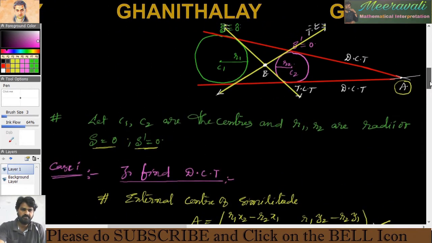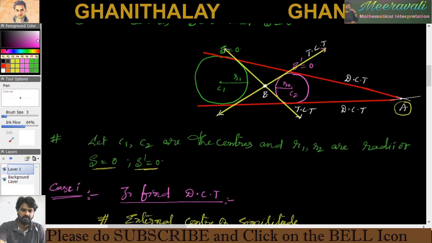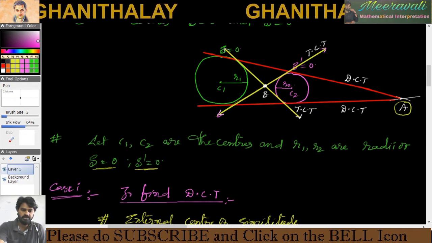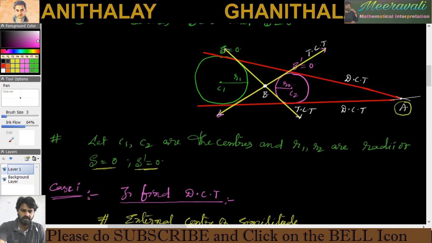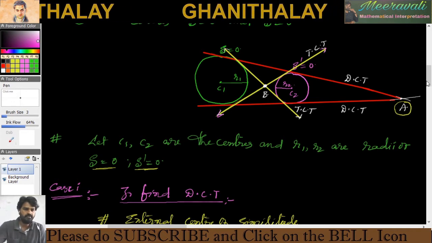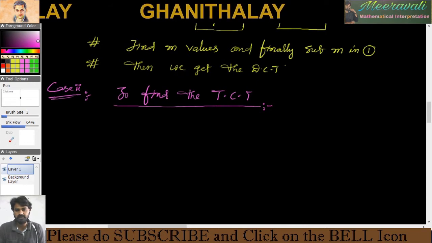Coming to the diagram, transverse common tangents are these yellow color lines. Where they meet, at point B, is the internal center of similitude. So first we have to find the internal center of similitude.